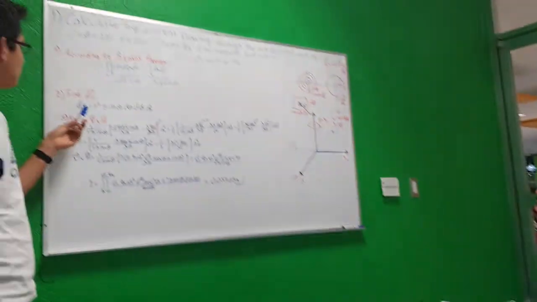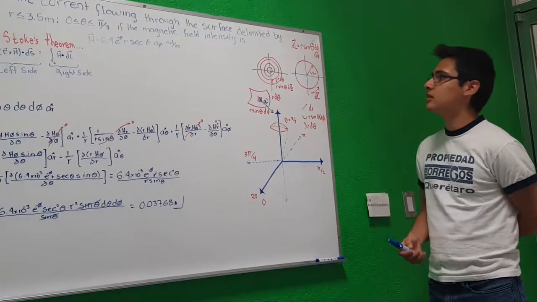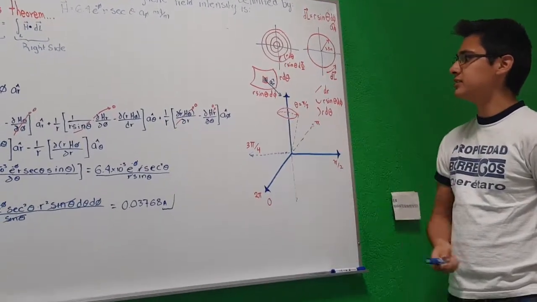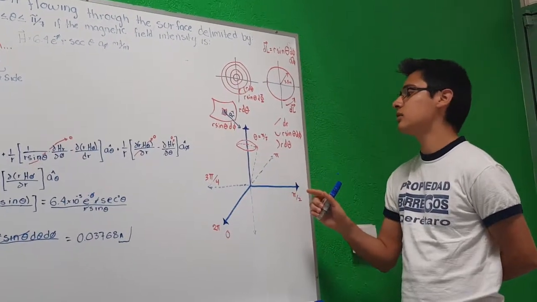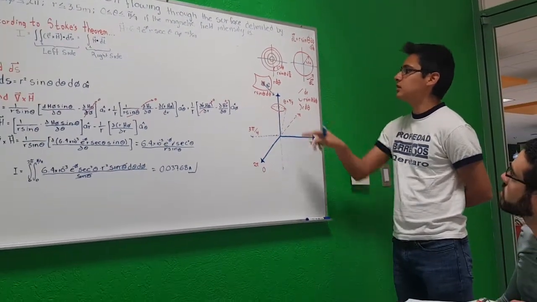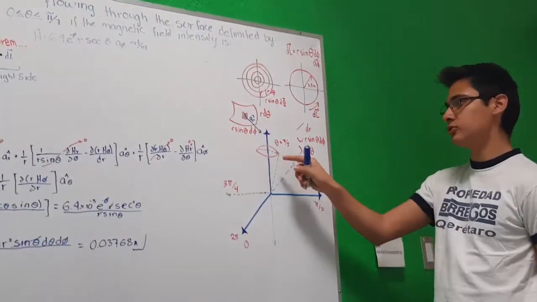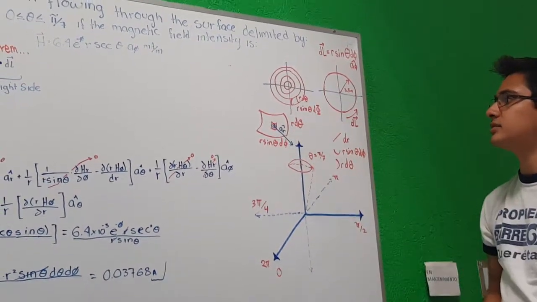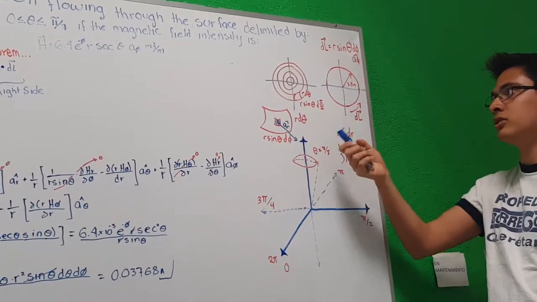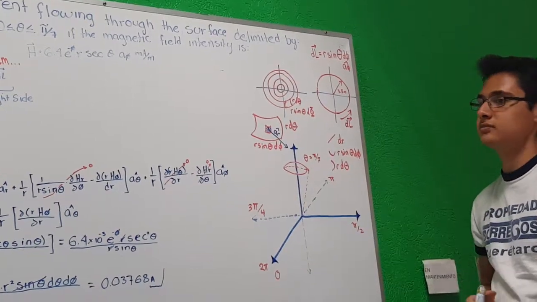And how can we know that? How can we find dS? Oh, okay. Let's find out. This surface is a section of a sphere. This is a little surface, and this is a curve. If we see this surface in 2 dimensions, we get this. And how can we know the area of this surface?